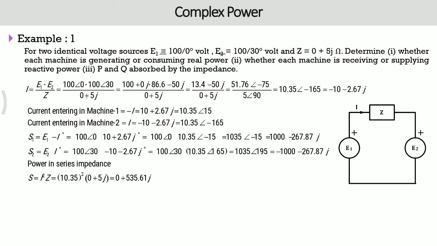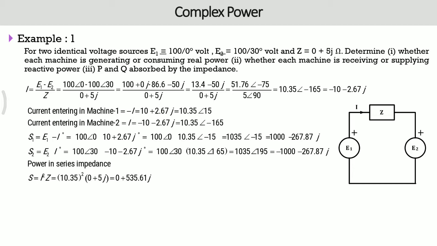So, current entering machine 1. If we say current entering, the direction of current is towards the positive terminal of the battery, or the positive terminal of the source of supply. So current entering machine 1 has a direction towards the positive end of E1.